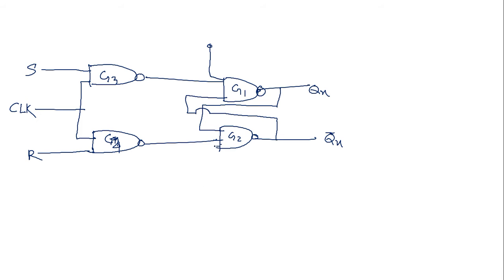One input provided here, another input provided here. I make one note here, because this is preset and this is clear. I abbreviate them as CR and PR, or you can abbreviate it as CL or CR, any.